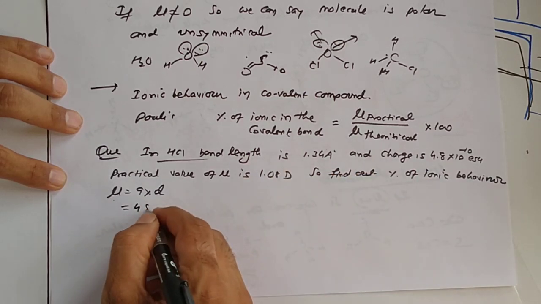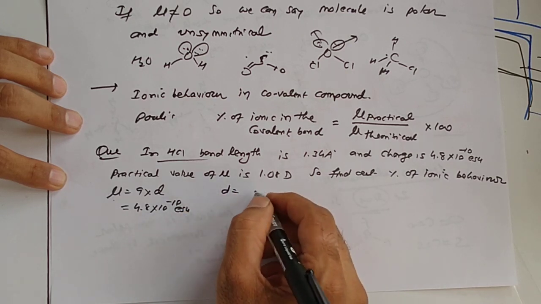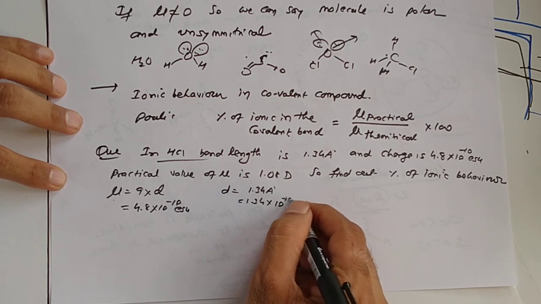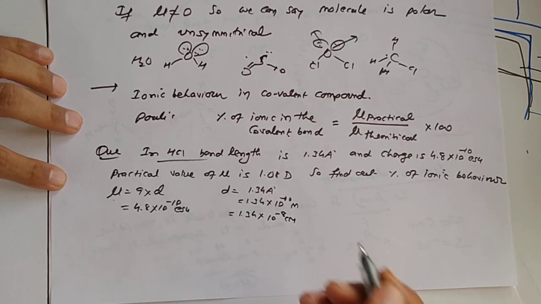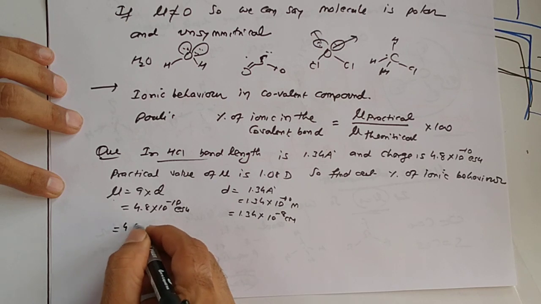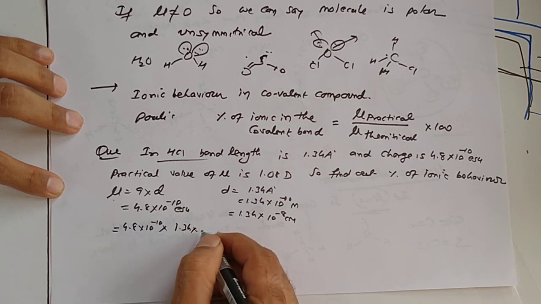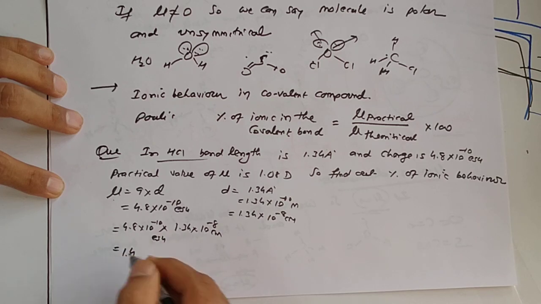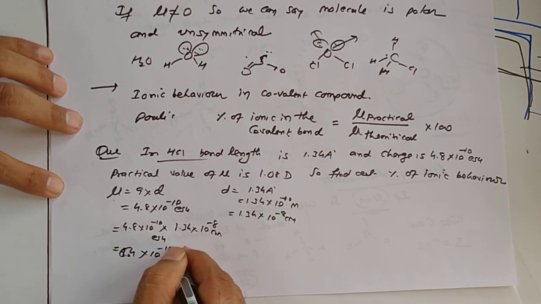Here charge is given 4.8 into 10 raised to minus 10 in ESU, but distance is given in angstrom. So when we convert angstrom into meter, it is 10 raised to minus 10, and when we convert into centimeter, 10 raised to minus 8. So 4.8 into 10 raised to minus 10 into 1.34 into 10 raised to minus 8, ESU into centimeter, 6.4 into 10 raised to minus 18 ESU into centimeter.